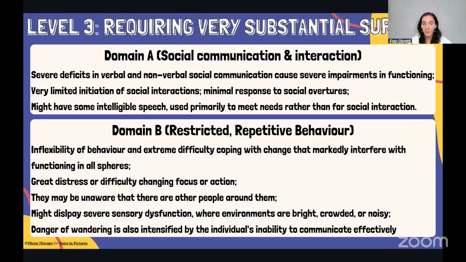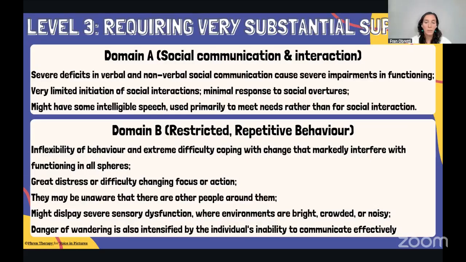In terms of behavior, the inflexibility of behavior at level 3 in most cases is quite severe and spread across multiple environments. There is great distress in focusing on activity, in transitioning; even a simple transition from indoor to outdoor or vice versa might be a cause of distress.